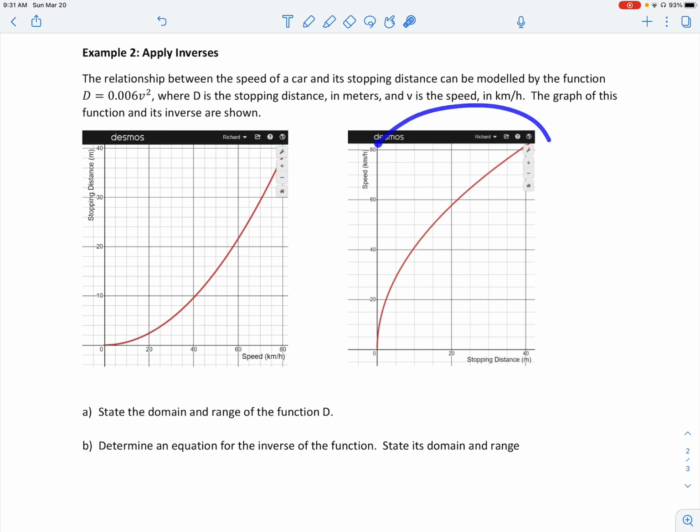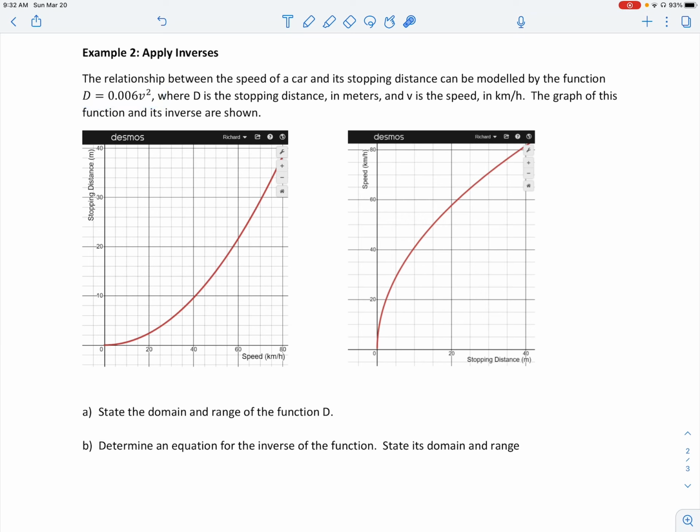So then to get this graph here, if they switch the x and y axis around, it's like they rearranged this equation and isolated for v. So when you're dealing with real life context situations and you're trying to show the inverse, what you want to do is just rearrange the equation.